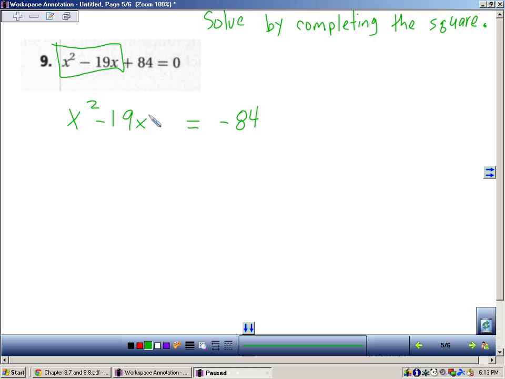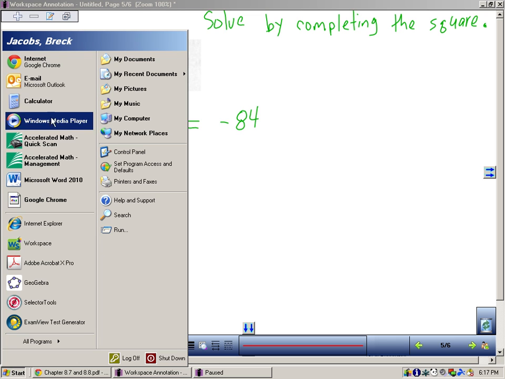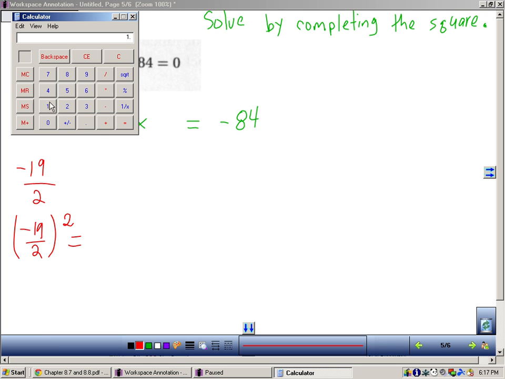Now, let's take the middle coefficient, negative 19, and divide that by 2. Again, it's not divisible by 2, so it's going to remain a fraction. And now we're going to square that. Multiplying 19 times 19, why not just jump on the calculator real quick?